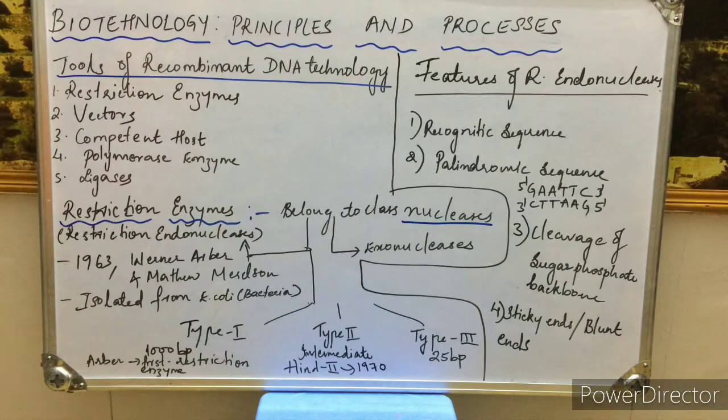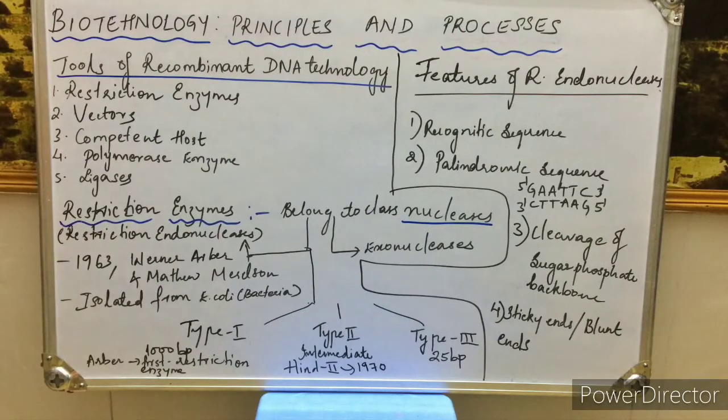Restriction endonucleases were first discovered by Werner Arber and Matthew Meselson in the year 1963. So where did they find these restriction enzymes?